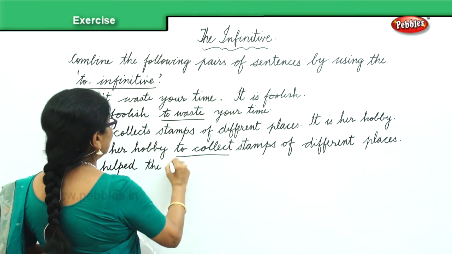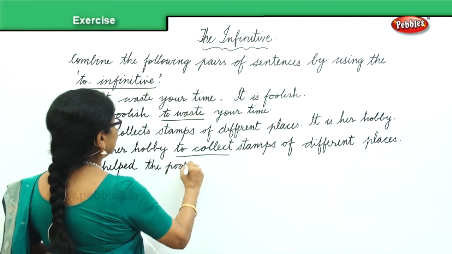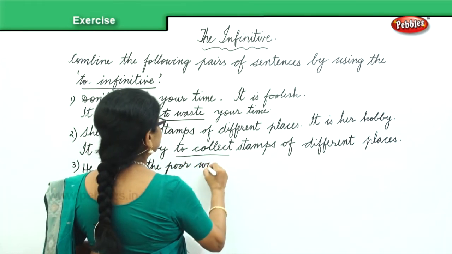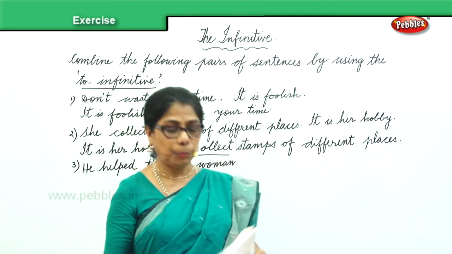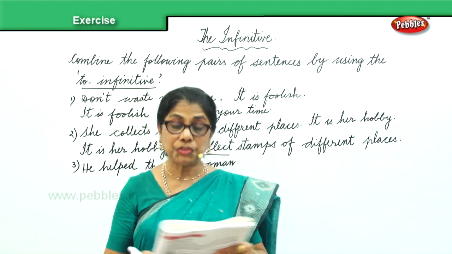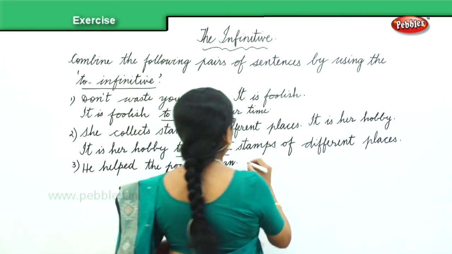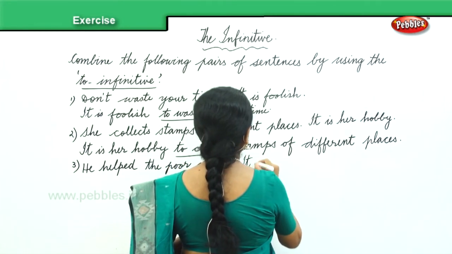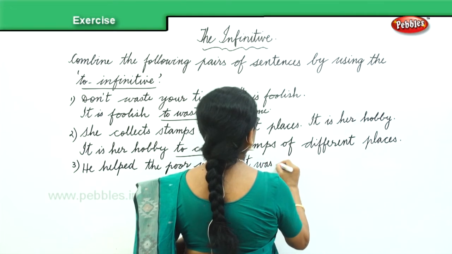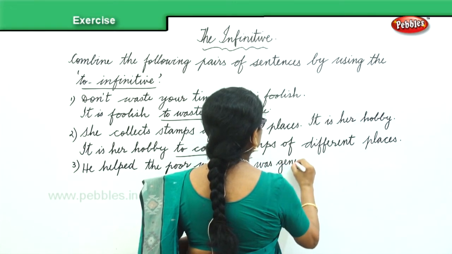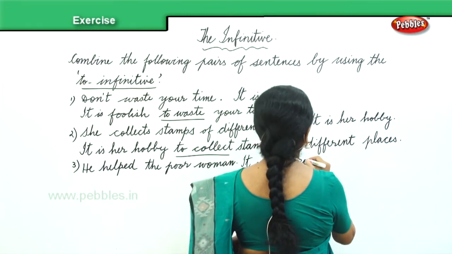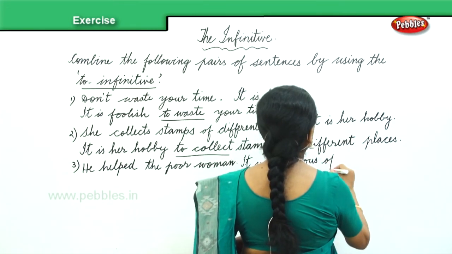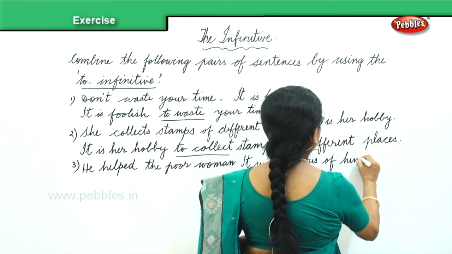That's the first sentence. Then: It was generous of him.